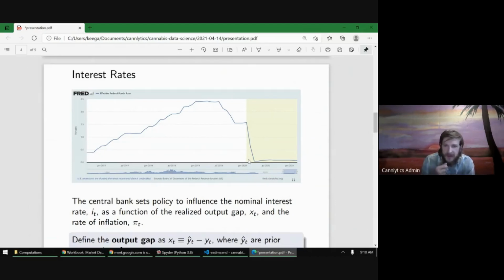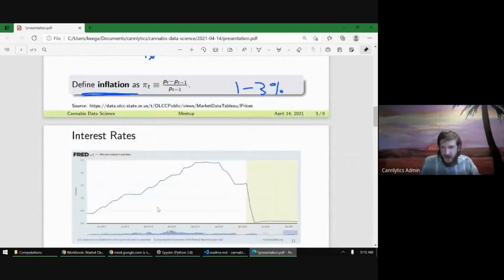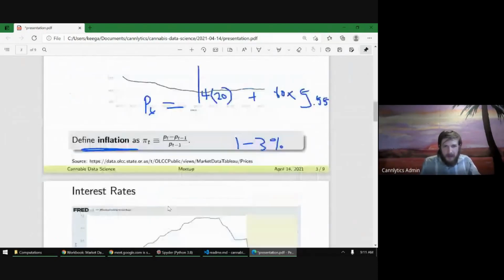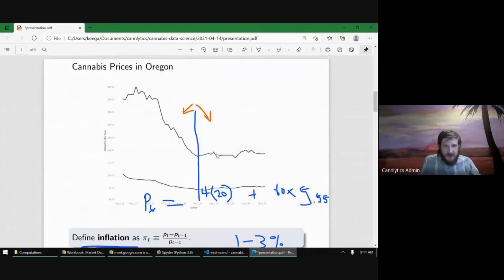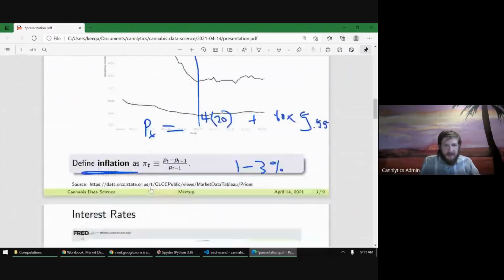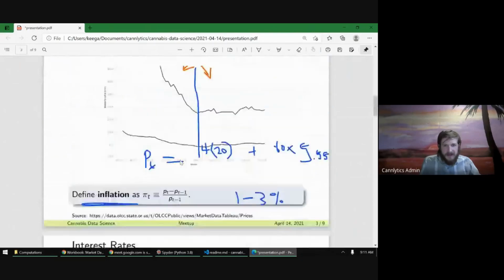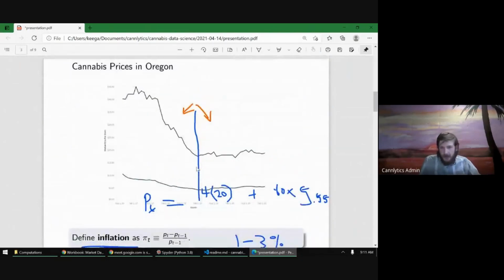So long story short, it would be ideal if they could dip the interest rate down sufficiently without hitting 0. But to do that, they would have to have gotten the interest rates up a little bit. So that's what's going on at the federal level. But here in the cannabis industry, we're going to see if this is even affecting prices or not.